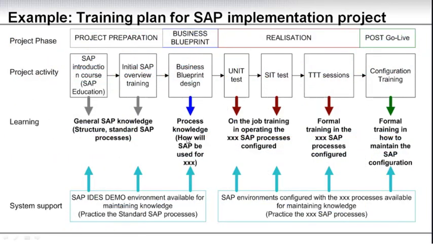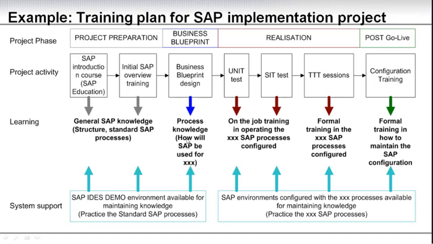So here is an example of a training plan for an SAP implementation project, which was used for communicating the project training to the stakeholders. We had the phases on the top, the different key activities, and then we mapped out what training everyone would gain along the way and what systems would be available for supporting the training.